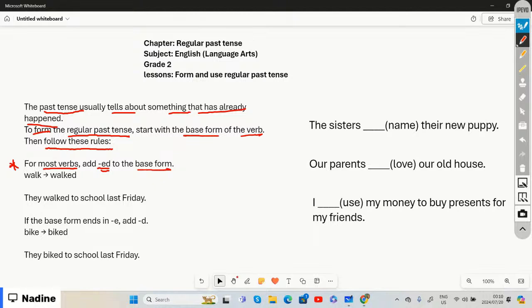Let's say, for example, our verb is walk. If we add ed to the verb, then our verb changes to walked because we added the ed.